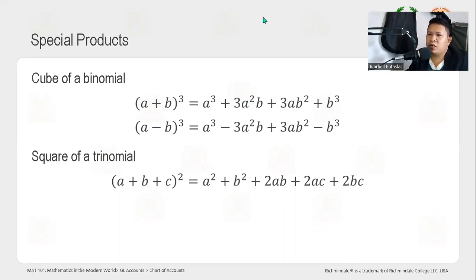When solving this one, it is the same thing as when you use the FOIL method again. I think I can move this up. When you solve this, you can write it as a plus b.